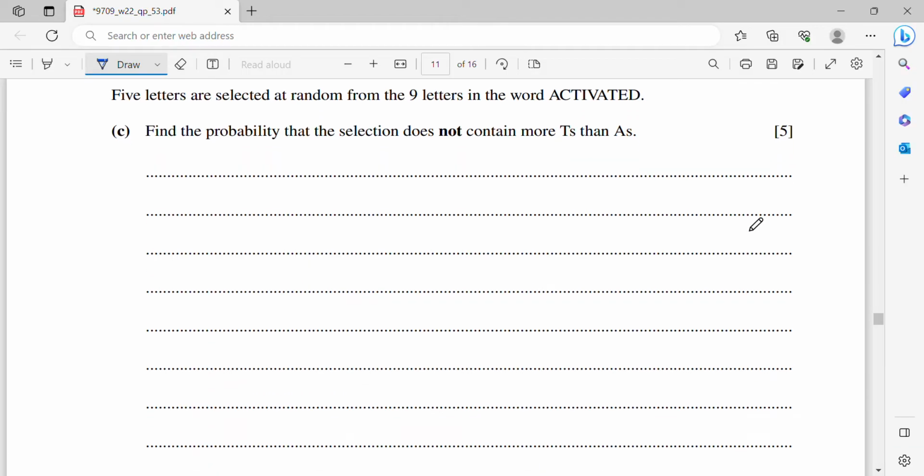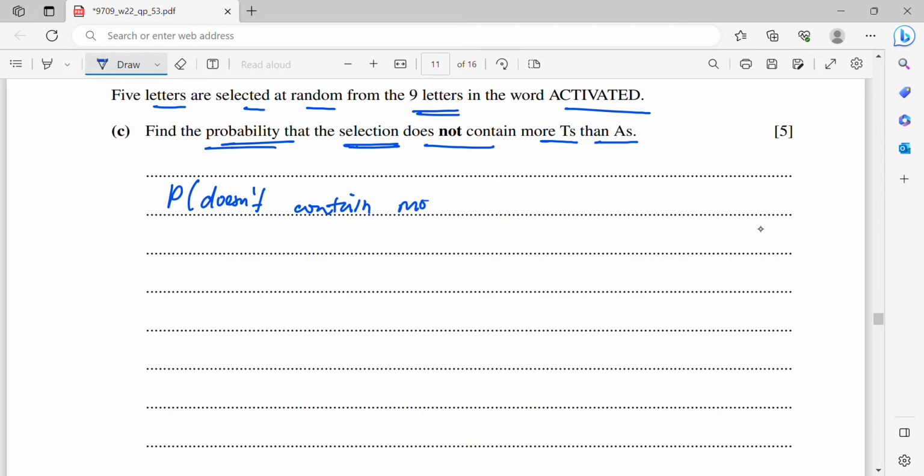Okay, so now 5 letters are selected at random from the 9 letters in the word activated. Find the probability that the selection does not contain more T's than A's.